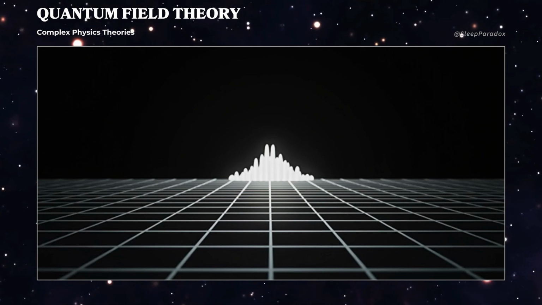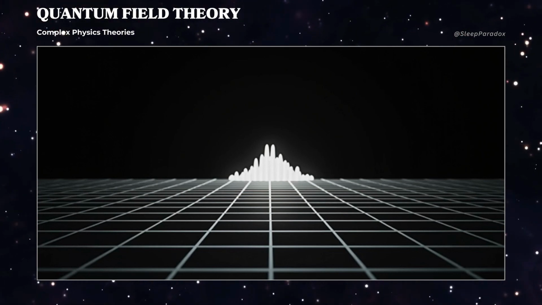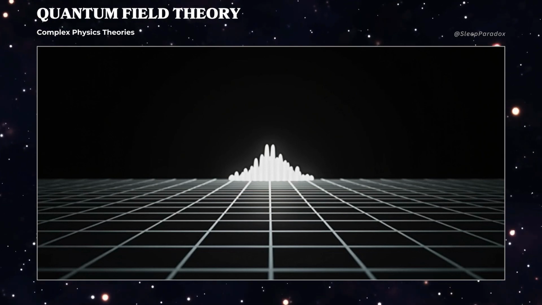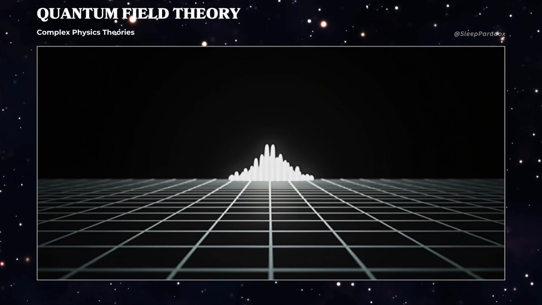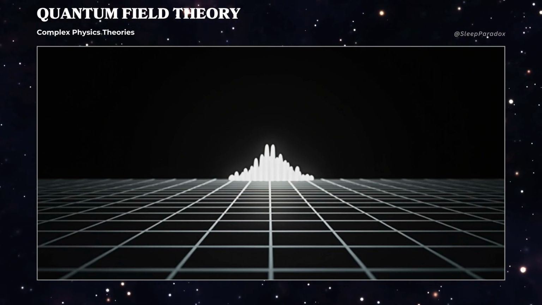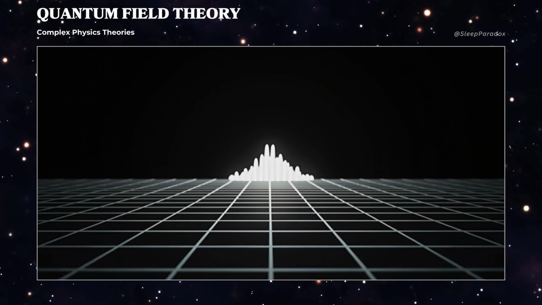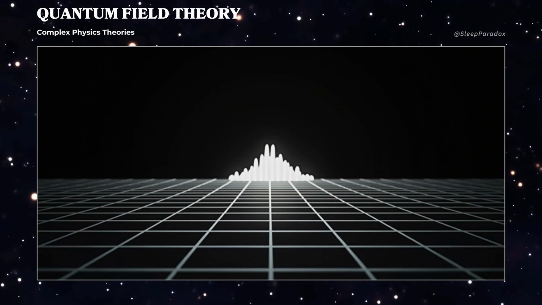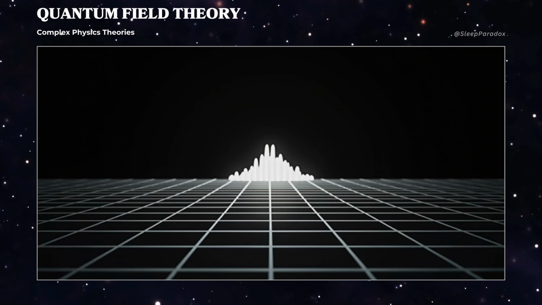The theory also explains the presence of virtual particles, temporary fluctuations that appear and disappear too quickly to be observed directly, but that influence the behavior of real particles. These virtual particles are part of the background quantum fields, and they contribute to processes like force interactions, energy shifts, and even the structure of empty space.